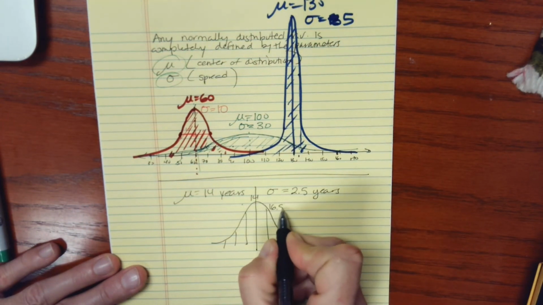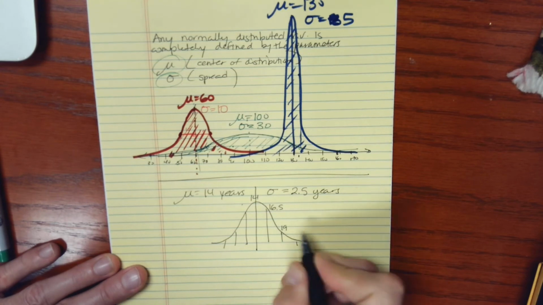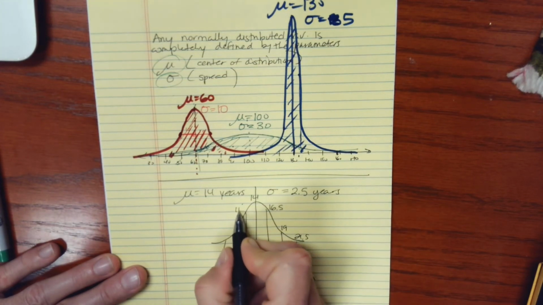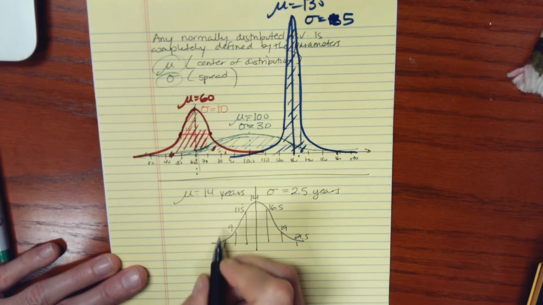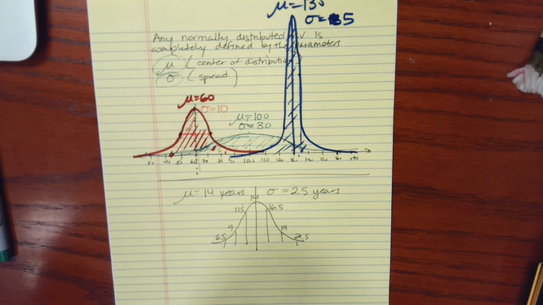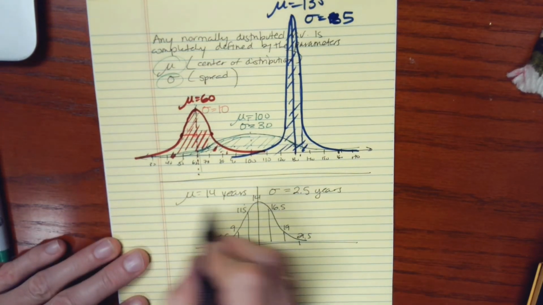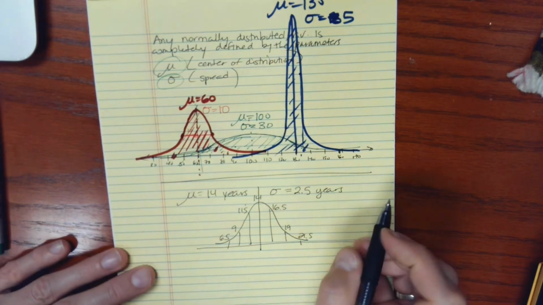So this would be 16.5, this would be 19, and 21.5, and this would be 11.5, and 9, and 6.5. So there is the curve that represents this distribution.